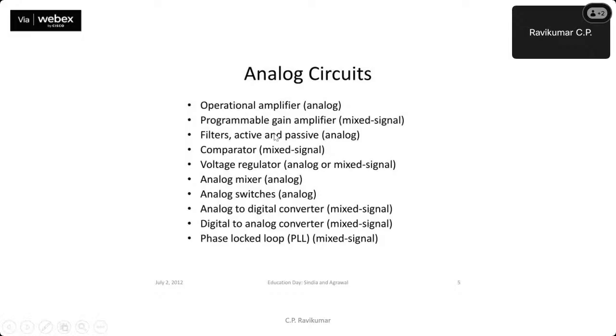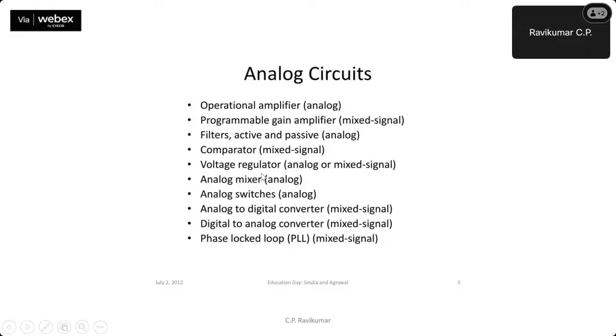There could be active filters and passive filters, like low pass filters, band pass filters, etc. Analog comparators. Again, analog comparators could be mixed signal, because the inputs are analog but the output is digital, which is a 0 or a 1.